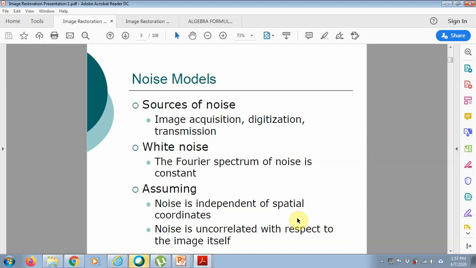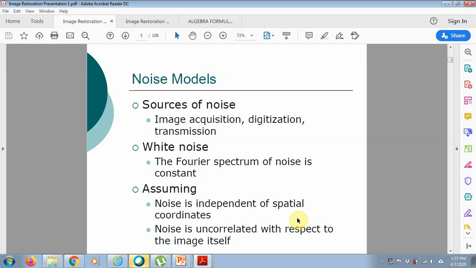You can have noise while performing image acquisition, that is, when I am capturing the image of an object through a camera sensor. I can also experience noise during the digitization process, that is sampling and quantization, where unwanted noise can occur in the input image.